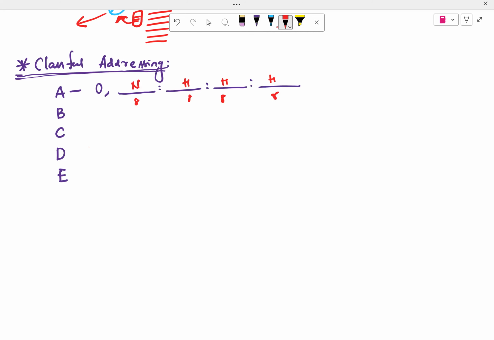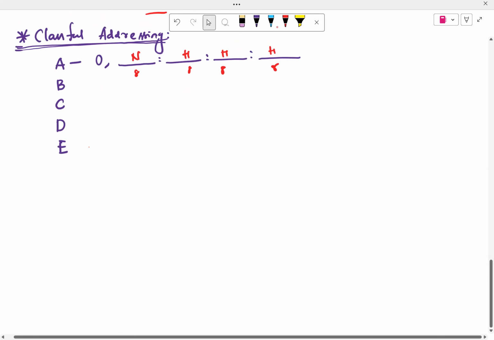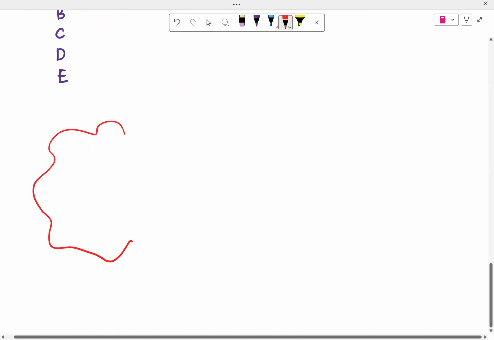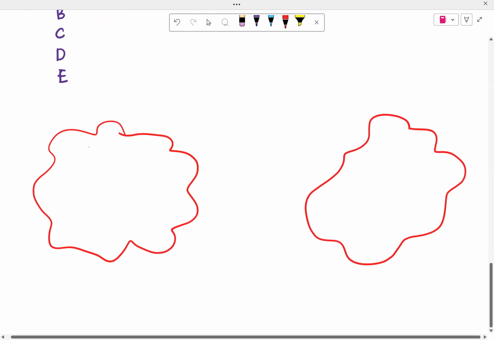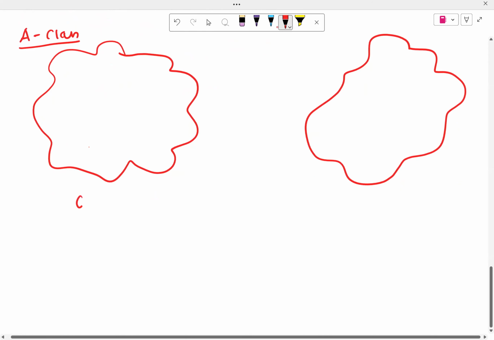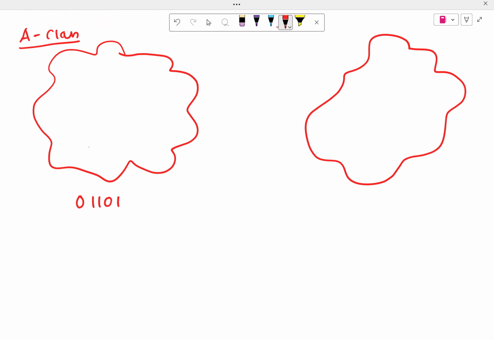What they're saying is that the first 8 bits will be used to identify a network. Say this is one network and this is another network, and both are using class A. Then the first bit should be 0, and the first 8 bits could be 01101000, and for the other, 01101001.